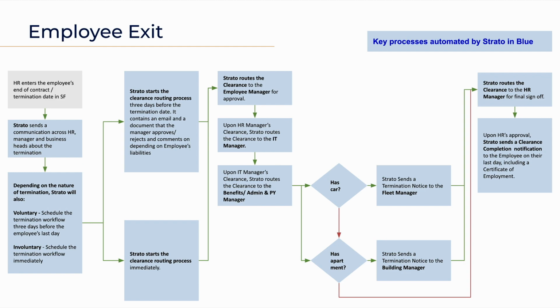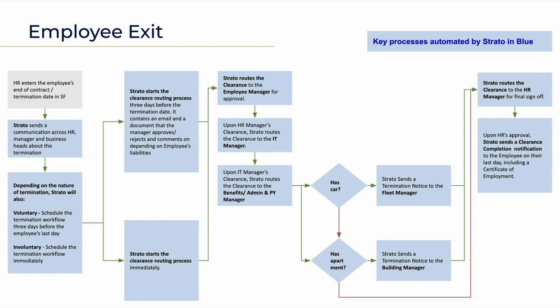But you could have cases where the employee has a car. So you will have to get the sign off also from the fleet manager. If the employee has an apartment, for example, you will have to surrender your keys, and the building manager will have to sign off also. And when all the parties have signed off the clearance, that's the time that the clearance document will be sent to HR for finance clearance or sign off.